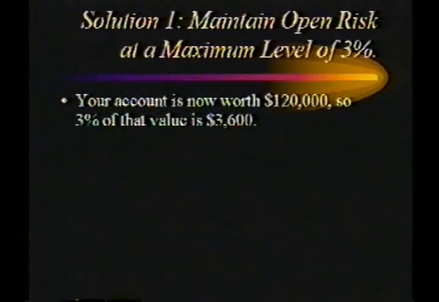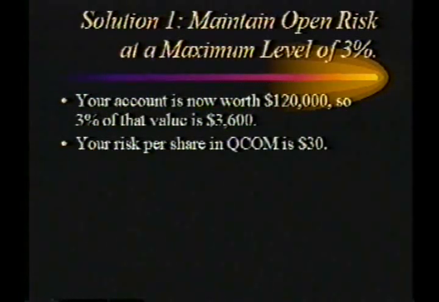Okay, so your account is now worth $120,000. And what we're going to do is maintain a maximum open risk of just 3%. So your account is now worth $120,000, and 3% of that is $3,600. Your risk per share in Qualcomm, though, is $30.